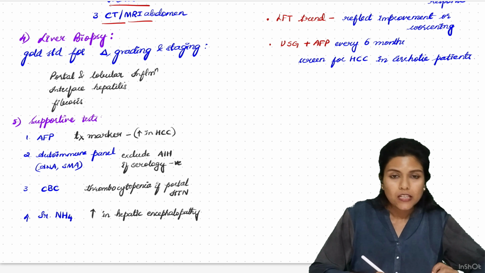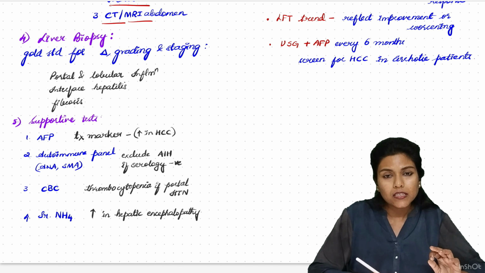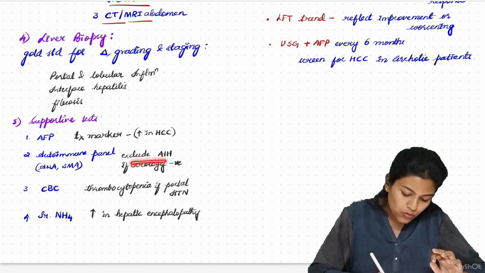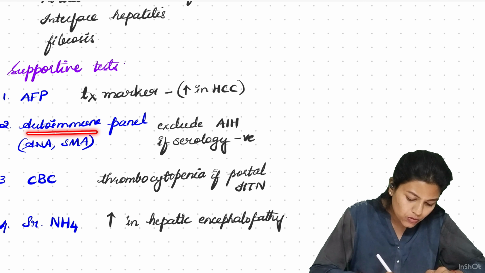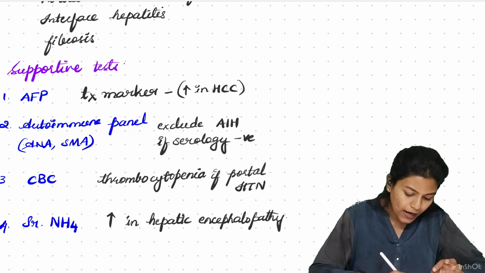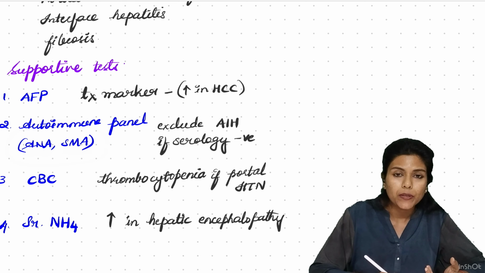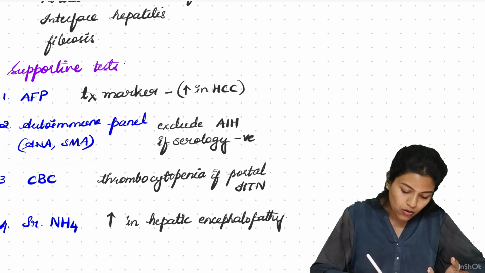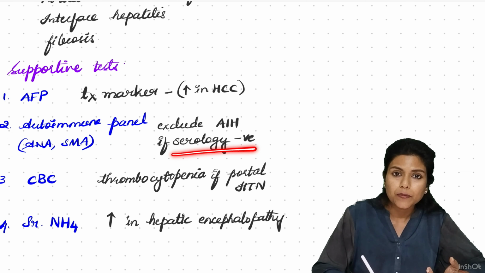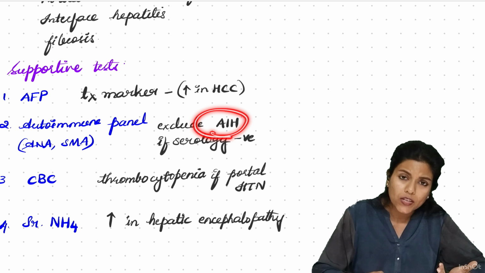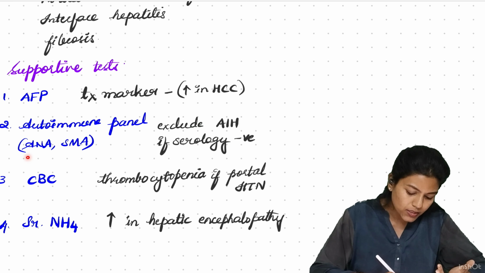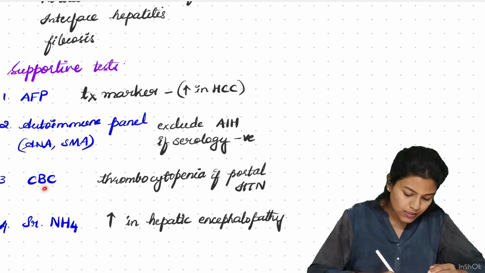And also, if all the serological markers are negative, to exclude autoimmune hepatitis, you can perform an autoimmune panel, which includes anti-nuclear antibody and smooth muscle antibody, which are mostly positive in type 1 autoimmune hepatitis. So when the serology comes out negative but all the symptoms point towards hepatitis, you can do an autoimmune panel, which includes ANA, SMA, and a routine CBC.